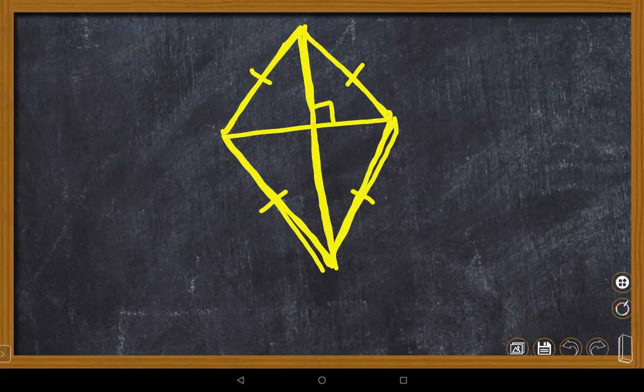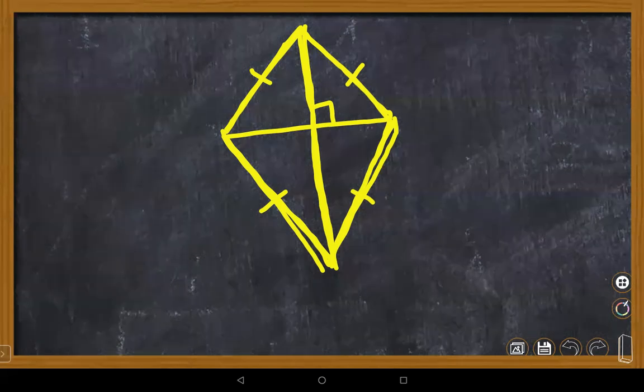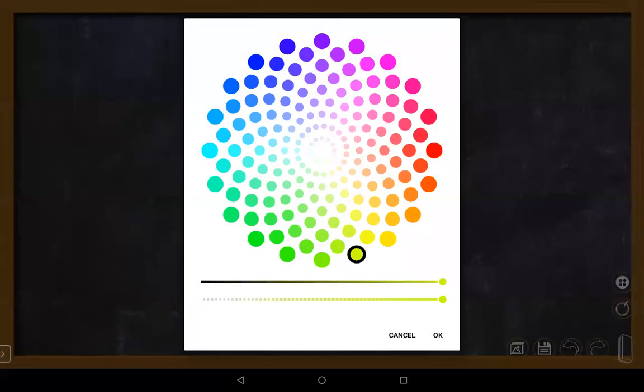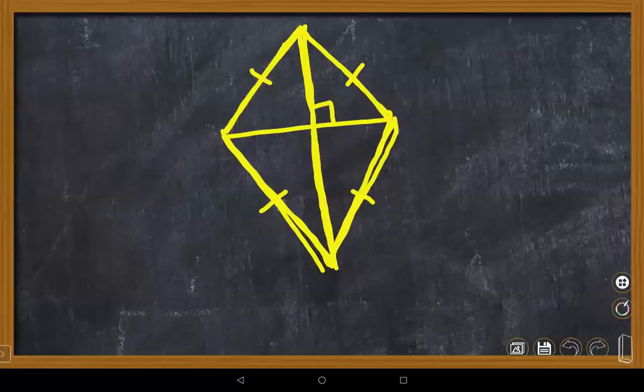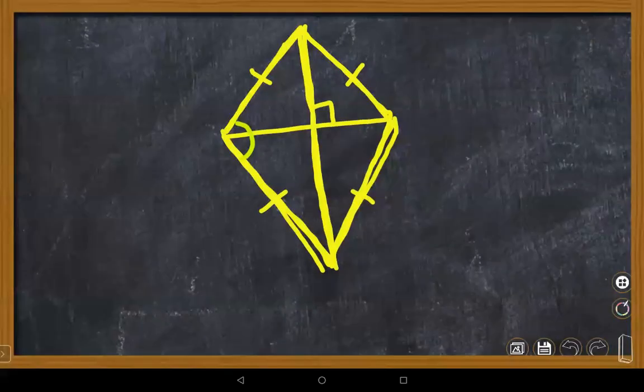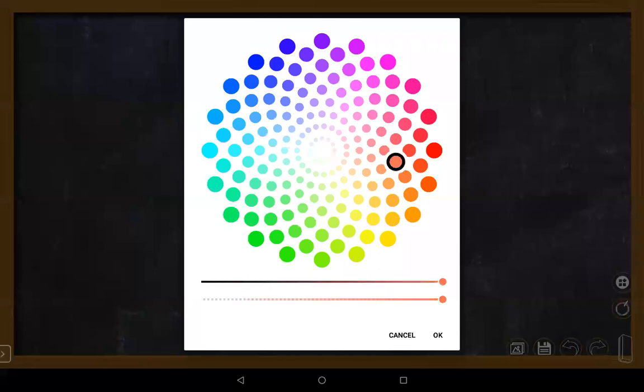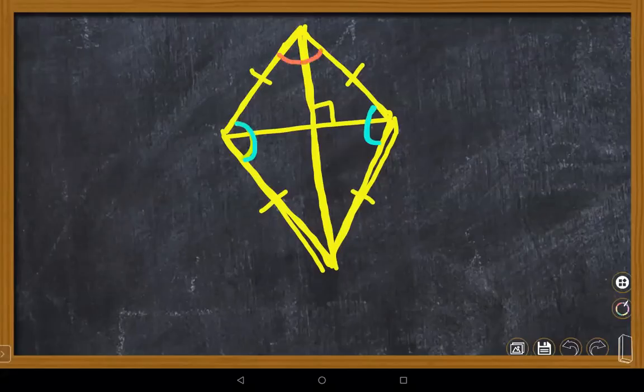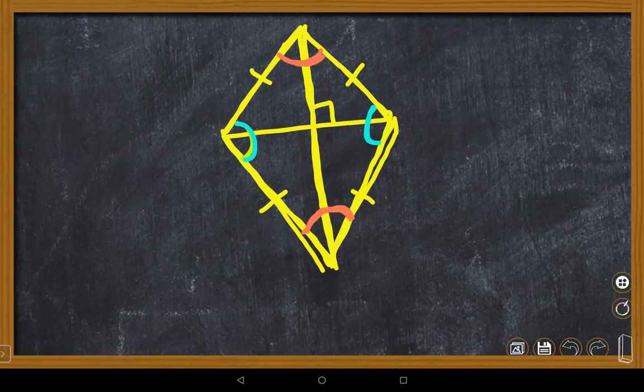Children, please remember that opposite angles are equal. Opposite angles are equal. If this angle is equal to this one, and if you take the other, this angle is equal to this. Opposite angles are equal.